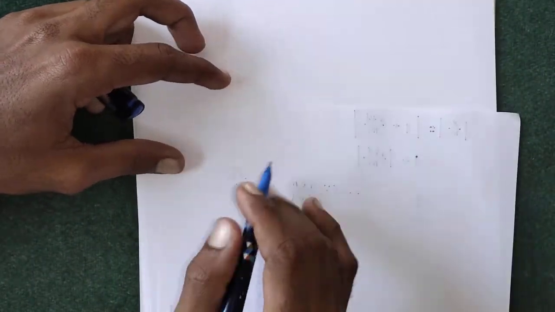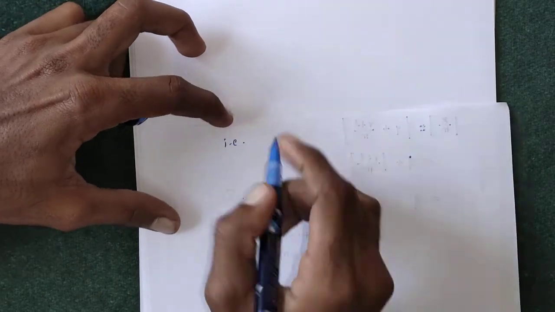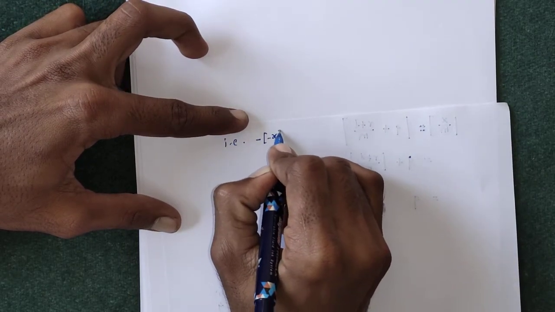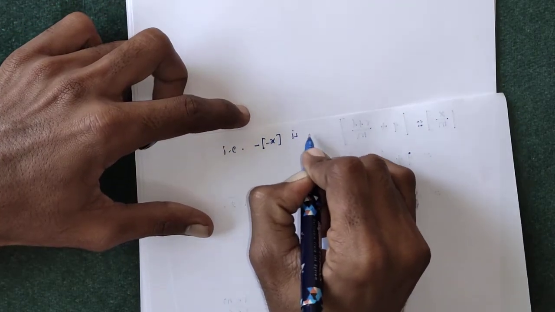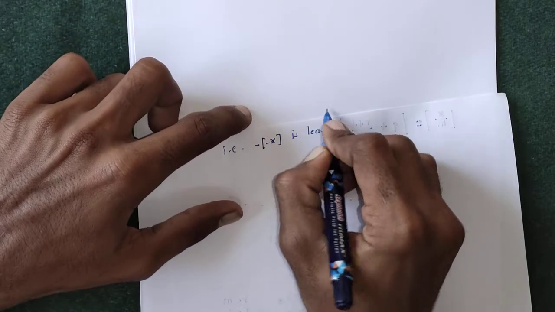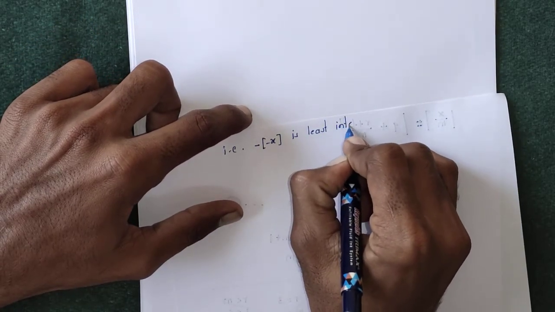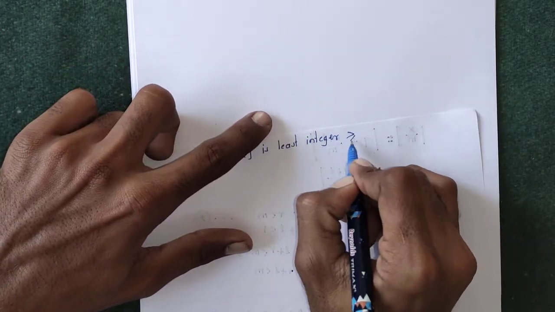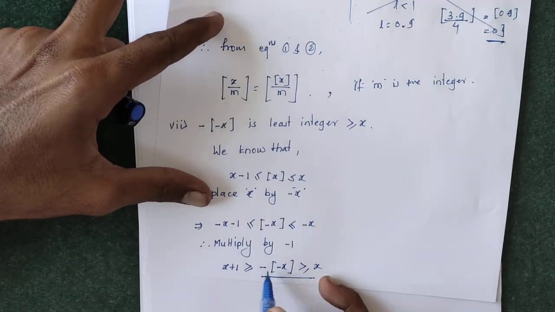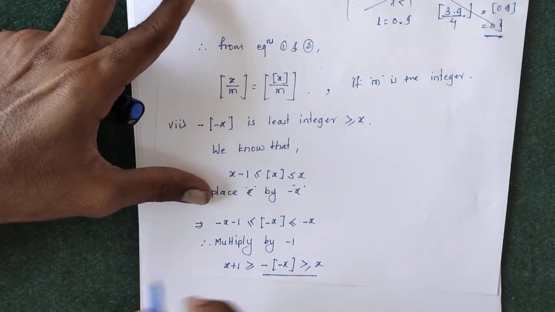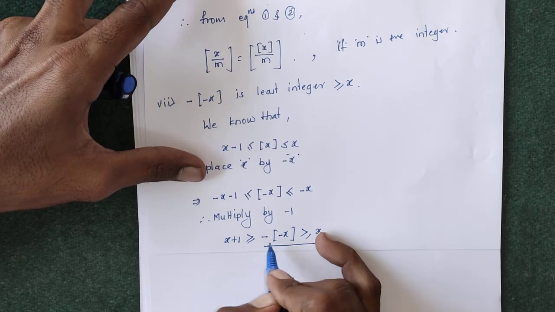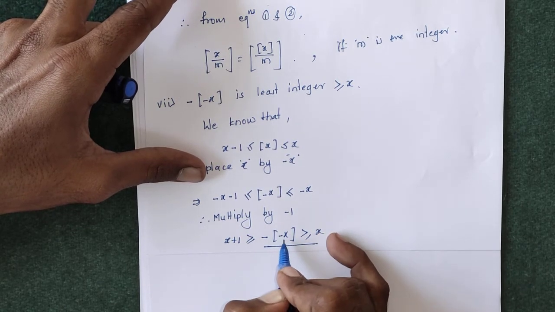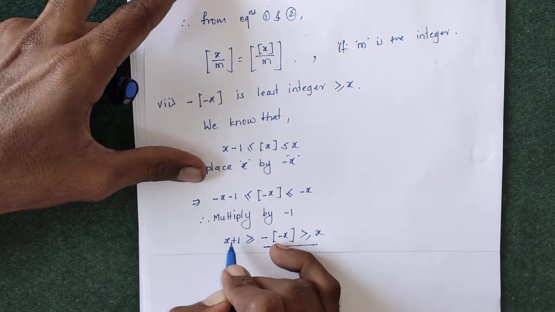Here our result is true, that is, minus of the integral part of minus x is the least integer greater than or equal to x. We say this is the least integer because minus of the integral part of minus x is less than or equal to x plus 1.